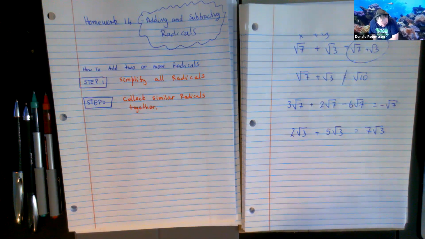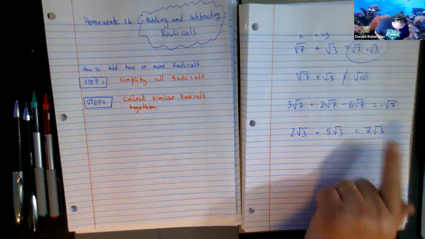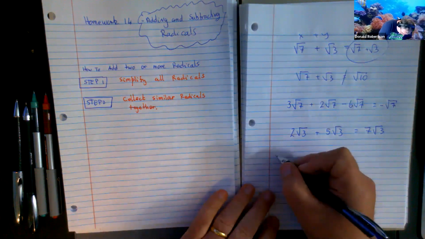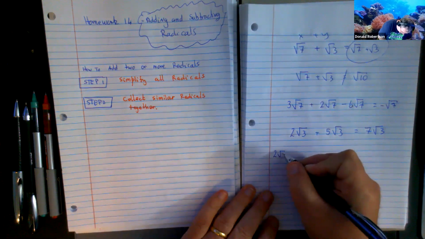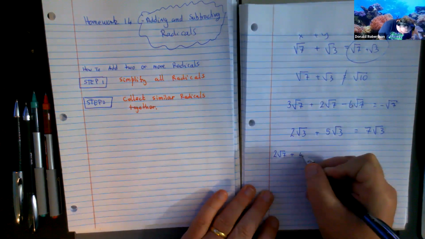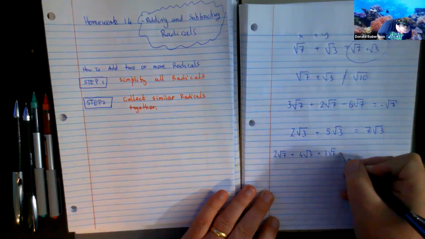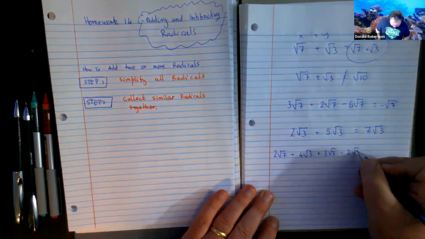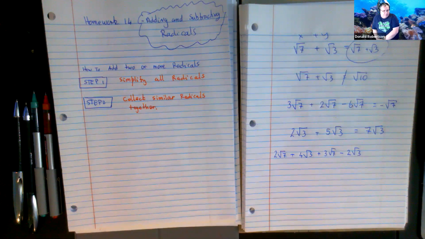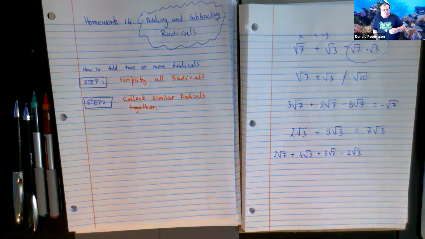As long as they are the same square root, the same radical, you can add and subtract them. So you might get things like this. It's very similar to what you would do in algebra. Remember in algebra, you had a thing where you said collect like terms.